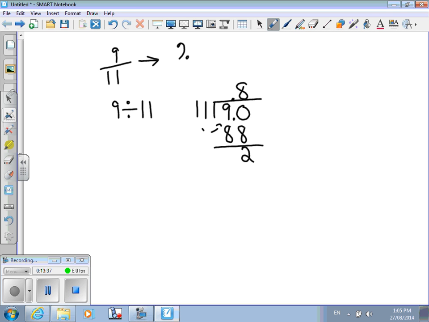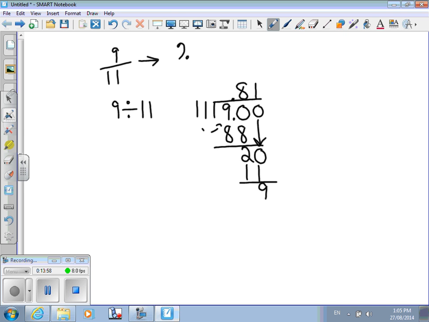Let's keep going for a little bit. I'll add another 0, bring it down. I now have 20. 11 will go into 20 only one time. 1 times 11 is 11, and I'll subtract, and I get a 9.